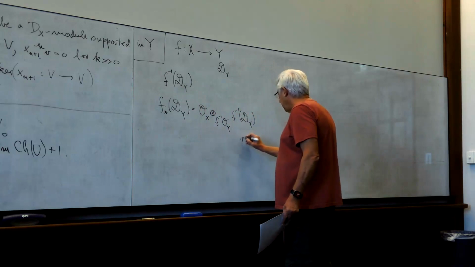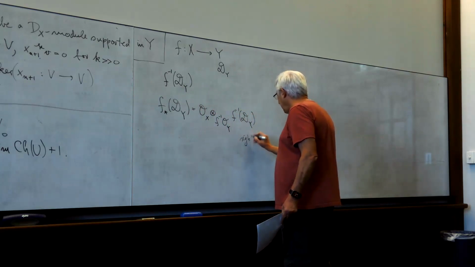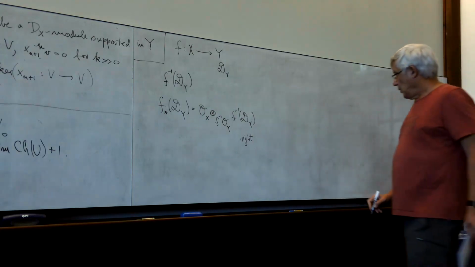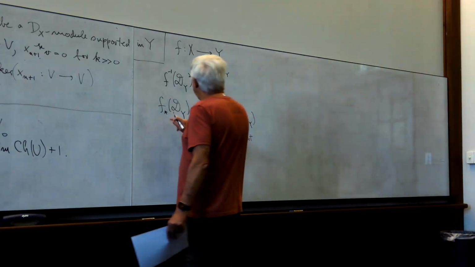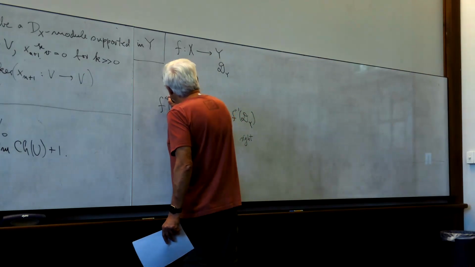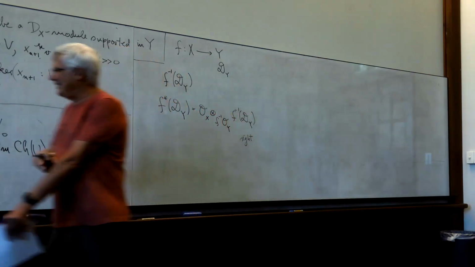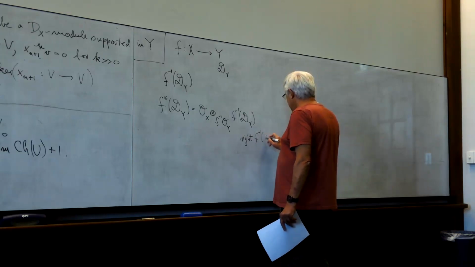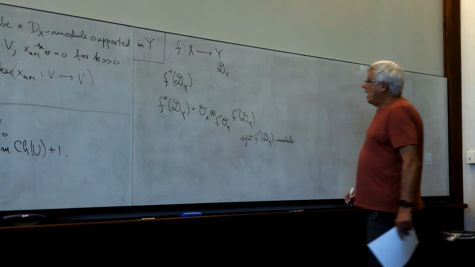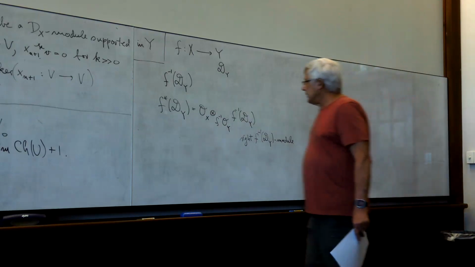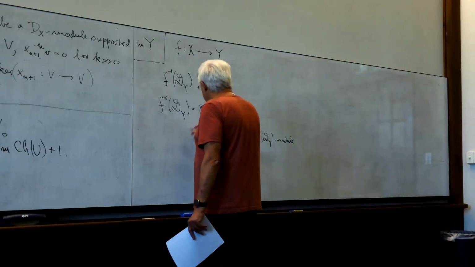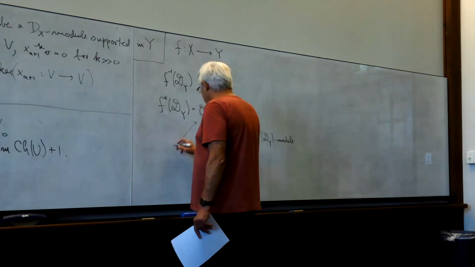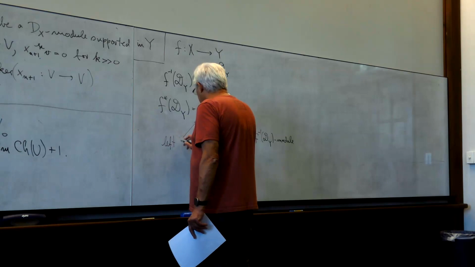Isn't it f upper star? F upper star, I think. Yes, a very good catch. Right, f inverse O_Y, but it also has a natural structure of a left D_X-module.